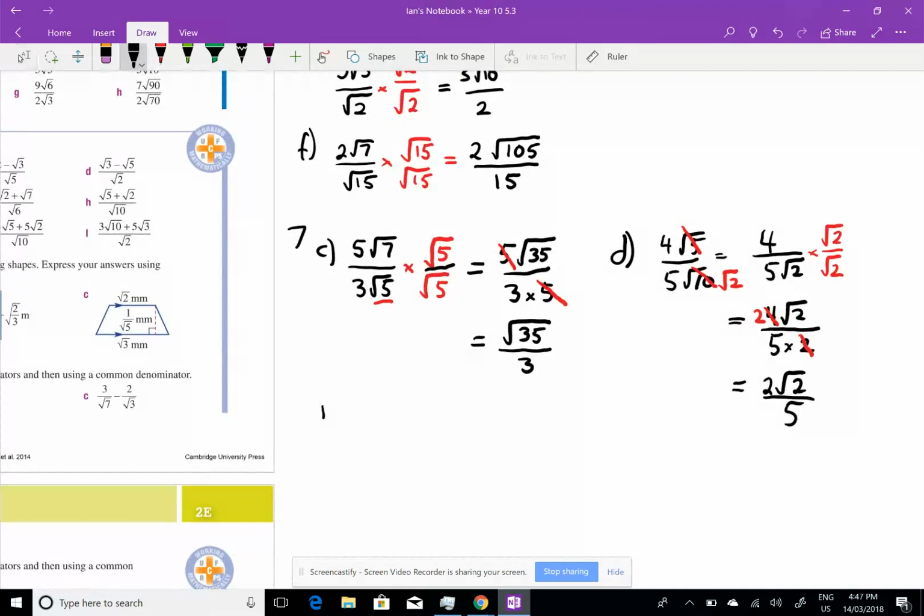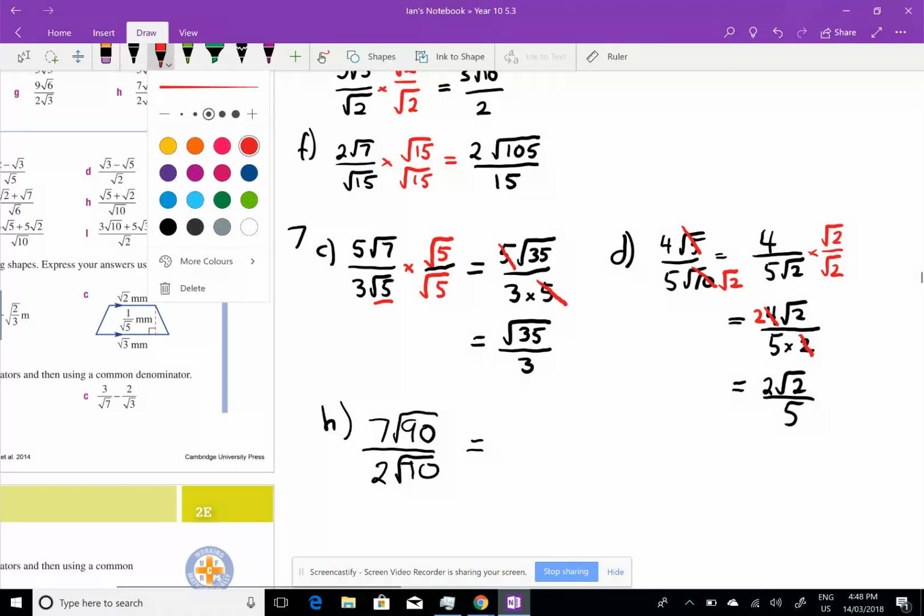So I've got 7 root 90 on 2 root 70. Now again, they're trying to be tricky. They're trying to say, wow, you're going to have to multiply by root 70 on the bottom. But we can do a bit of cancelling.